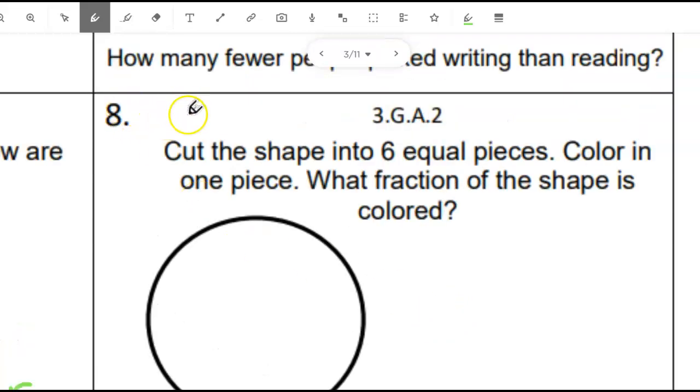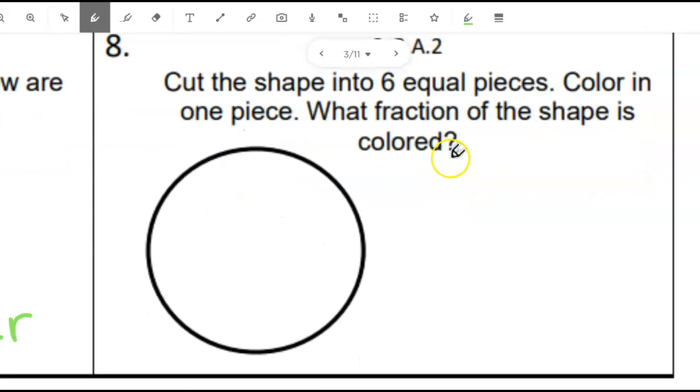And number 8, cut the shape into 6 equal pieces. Color in one piece. What fraction of the shape is colored? Now 6 and 3 are the hardest ones to draw on the circle, so I'm going to show you how to do that. So first we're going to draw it like a peace sign.